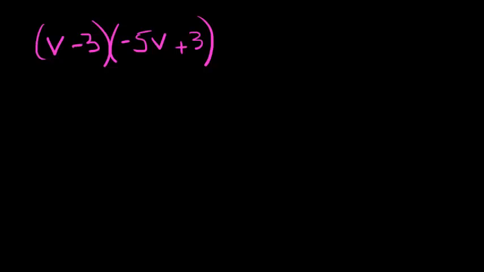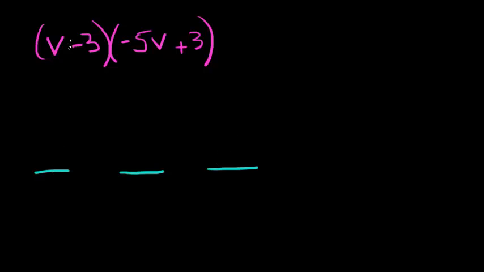Okay, so let's look at the final answer. We're not going to do all the steps. I want to look at the final answer because I want you to start looking for patterns. Whenever you multiply these binomials, except for the special cases that we looked at with the difference of a perfect square, you end up with 3 terms in your final answer, right? Your answers have been quadratic trinomials.